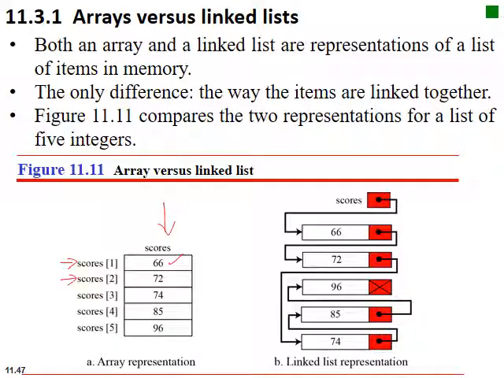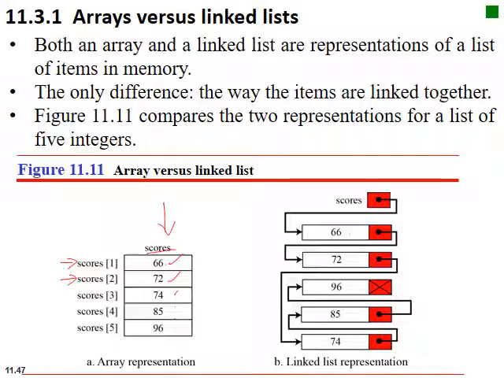Scores 2 might have another value 72, and so on. We can do the same thing with a linked list. It just looks a little bit more complex. But also look at the order in which things appeared here for the array. It was 66, 72, 74, 85, and 96. It had to be in that order.